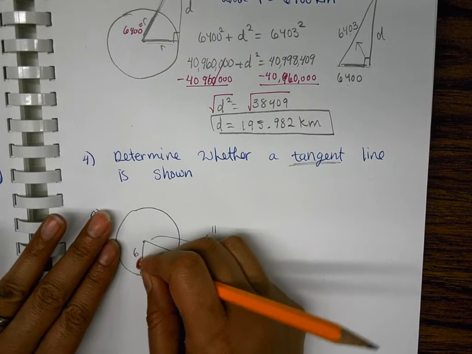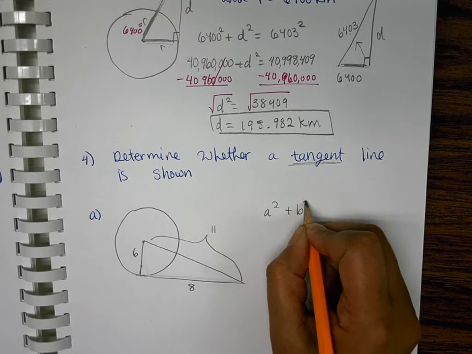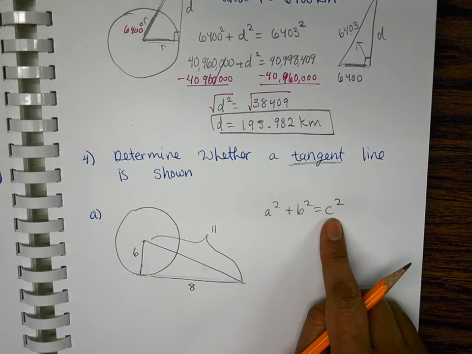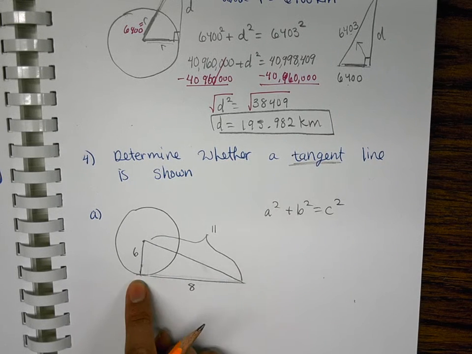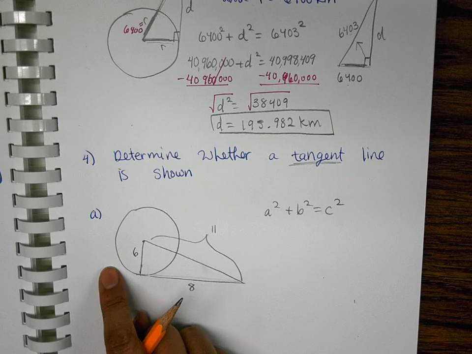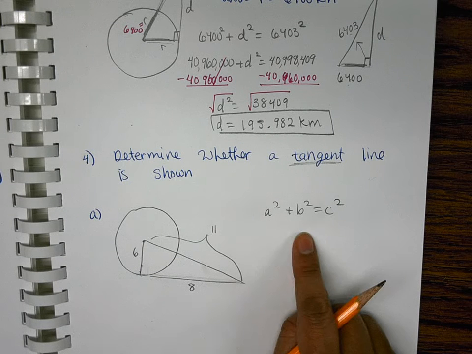So, if it is perpendicular, what formula should work? Correct, the Pythagorean theorem. A squared plus b squared equals c squared. If it works, it is a right triangle, which means it is a tangent line. If it does not work, it's not a right triangle, which means it is not a tangent line.